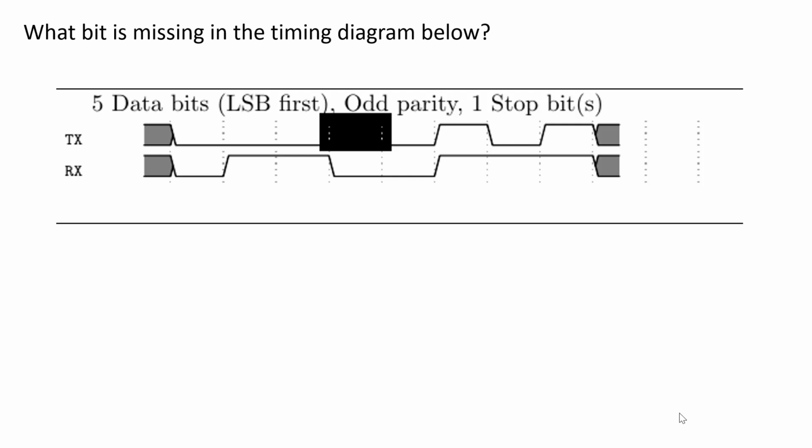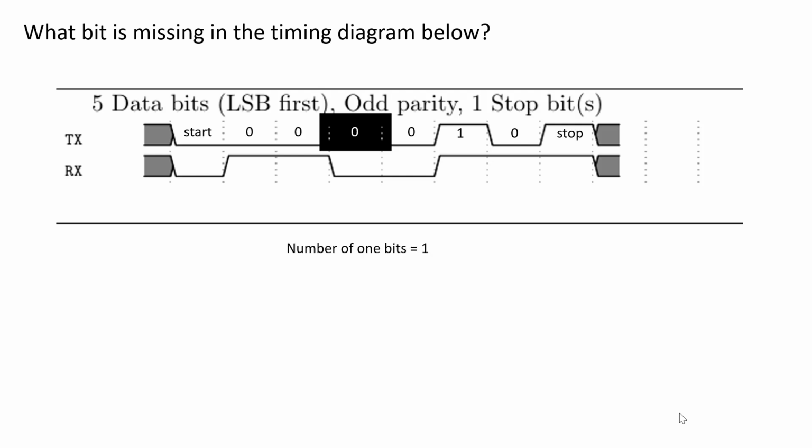So we have a start bit, and then if we look on the transmit side, you have a 0, 0, 0, 1, 0, right? So we're including the parity. So including the parity bit, there is 1 bit, right? And 1 is an odd number already, and so that missing bit must be a 0. Make sense?